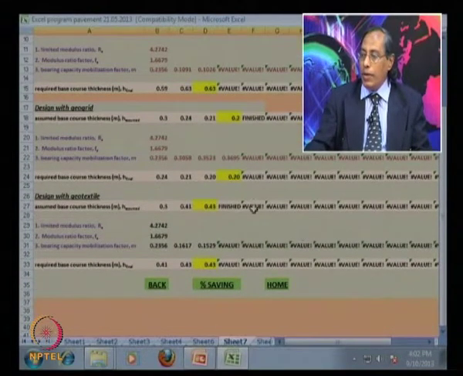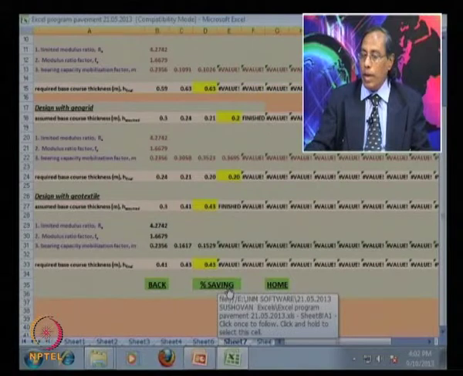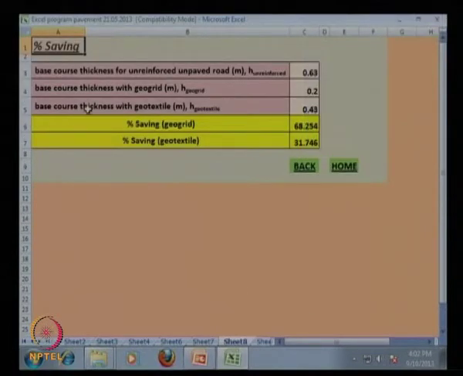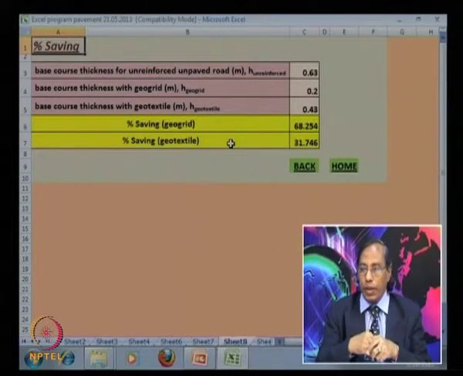Now, all the three procedures have been shown here for without geosynthetic material, with geogrid material, and with geotextile material, and now you can look at what will be the saving. So the base course thickness for unreinforced unpaved road is 0.63 meter, base course thickness with geogrid material is 0.2 meter, and base course thickness with geotextile is 0.48 meter.